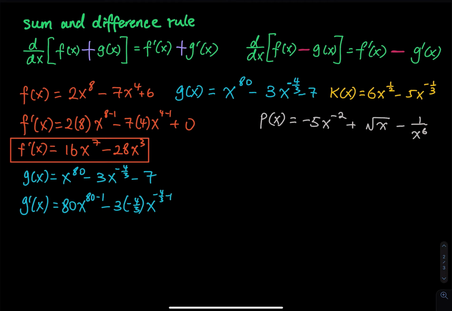And then 7, y equals 7 is a constant value. The derivative of 7 is equal to 0, so minus 0. And then g prime of x is equal to 80x to the 79th plus 4x to the negative 7 over 3. And then that's it.